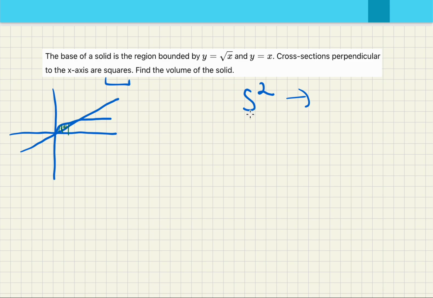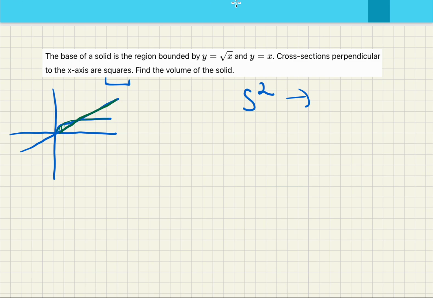And so, long story short, you just need to identify what equation is on top of the other equation. So in this case, the equation that's on top is y equals square root of x, which is this equation, and the equation on the bottom is this equation, y equals x.